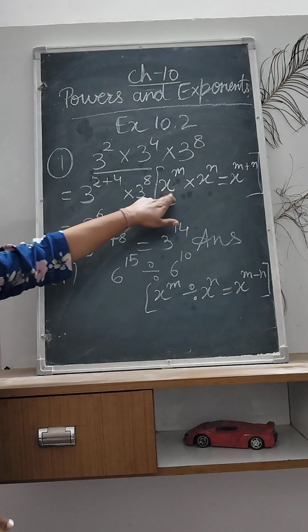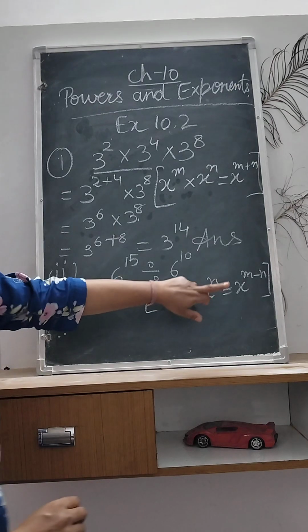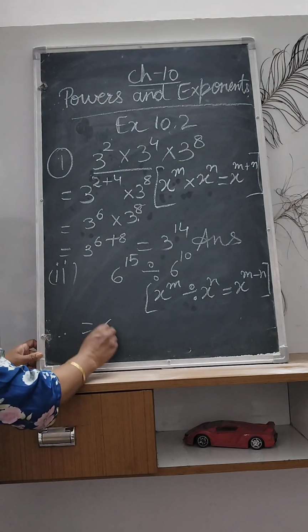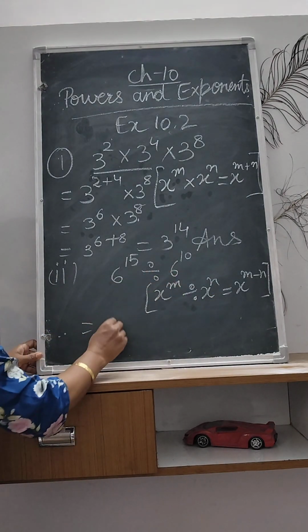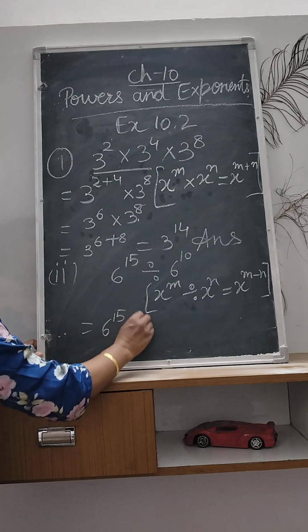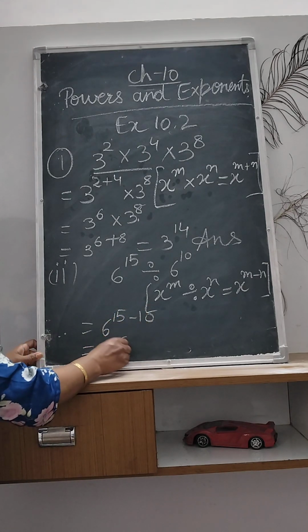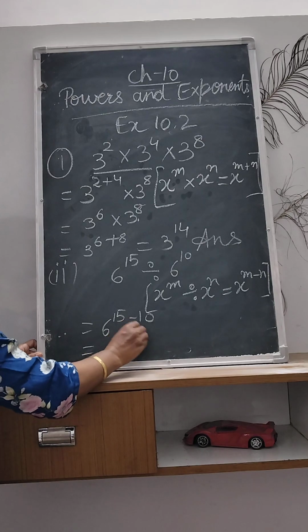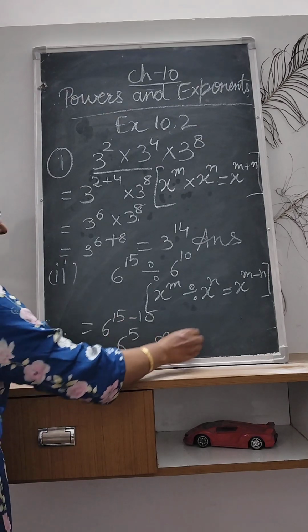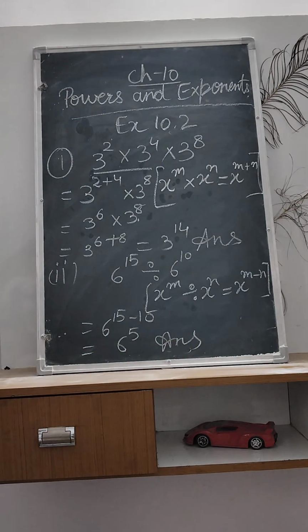Okay? In multiplication they were added, in division they are subtracted. So 6 raised to power, base is 6, 15 minus 10. So what we got the answer, 15 minus 10 is 5. So 6 raised to power 5 is your answer.